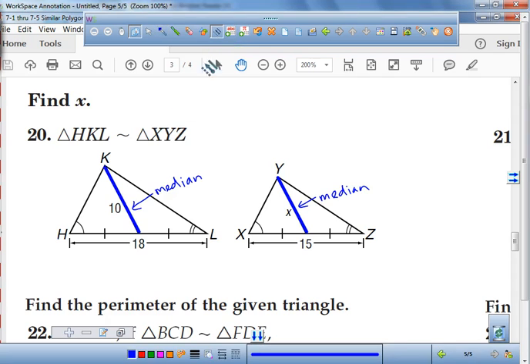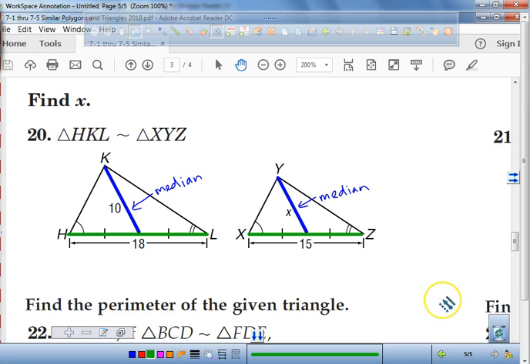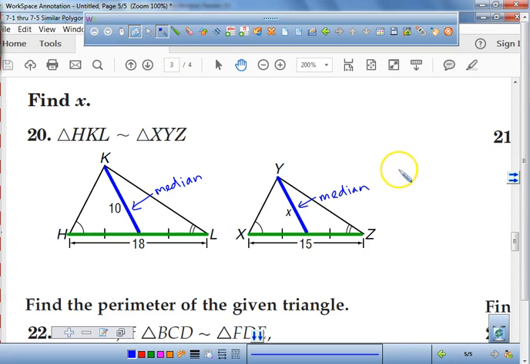So we're going to compare the blue to the blue, and then we're also going to compare the green to the green. Now, if you look carefully, these pictures basically set up the proportion for you. How about this?